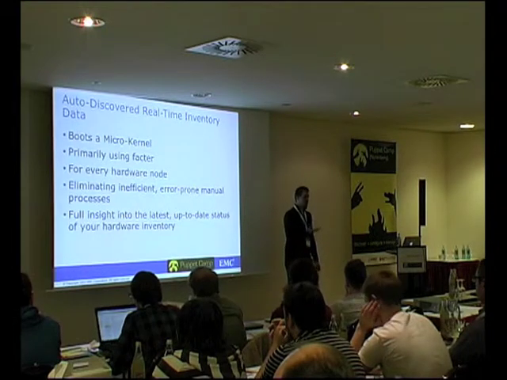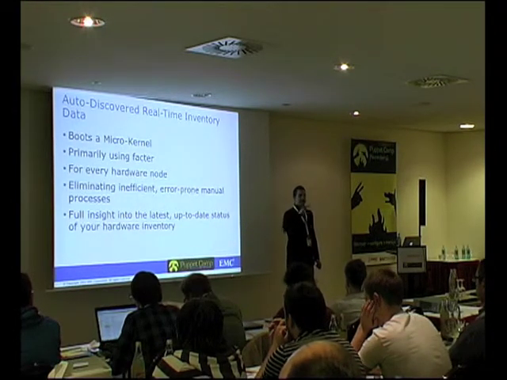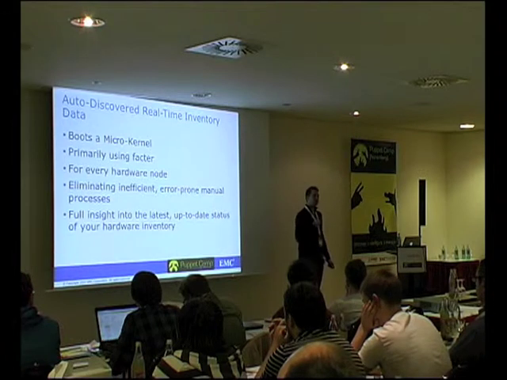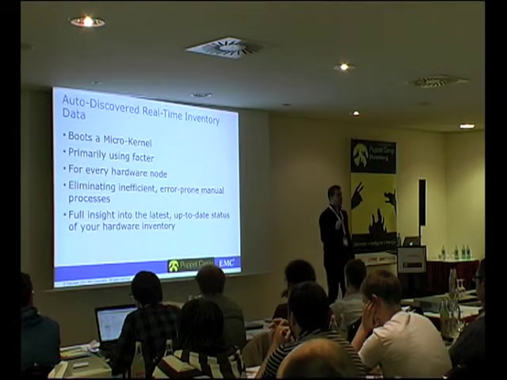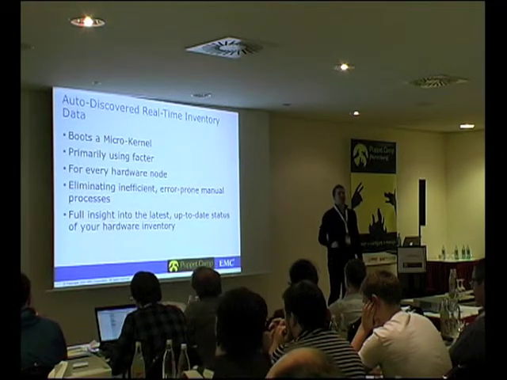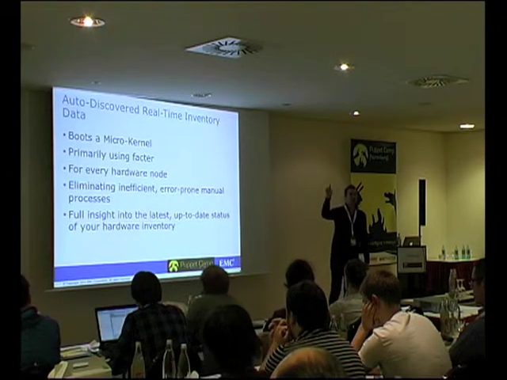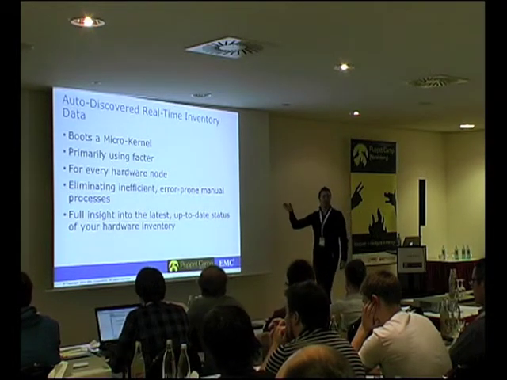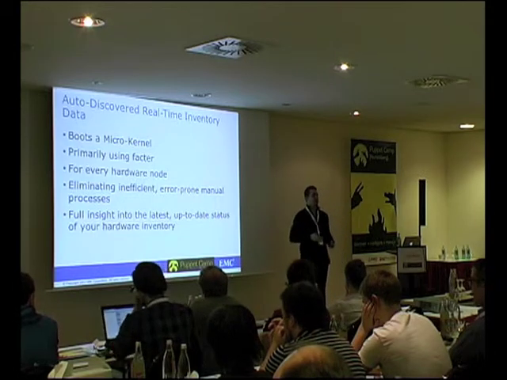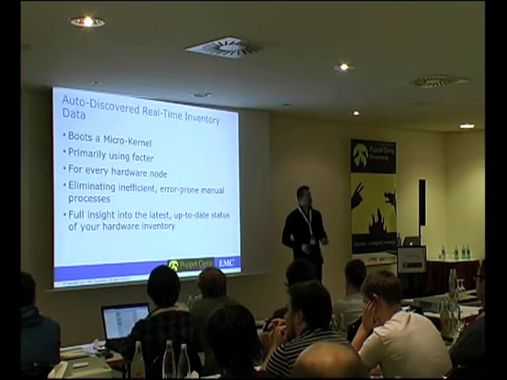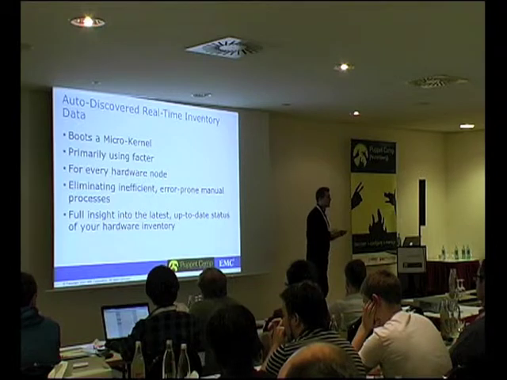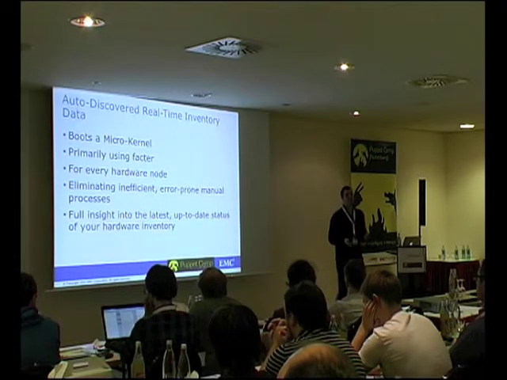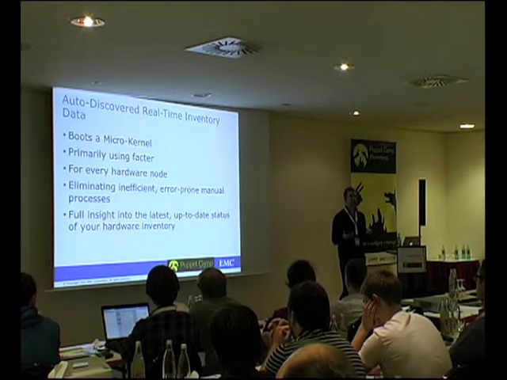Factor, which has been a bit customized, reports back to the Razor server everything about that specific server that was booted up. So we can see the manufacturer, Dell, IBM, VMware VM. We can see the amount of memory, the number of CPUs, the MAC addresses on the network cards, everything that you can get out of Factor.